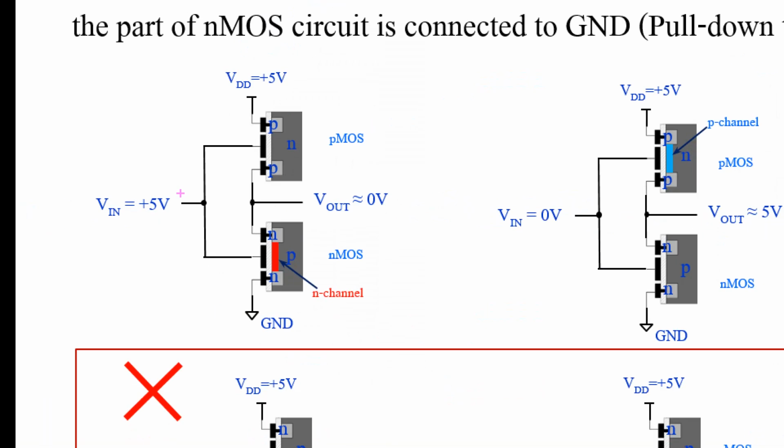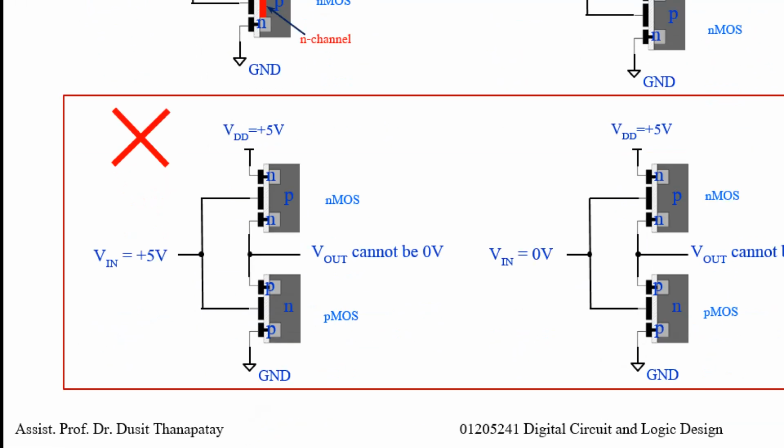But if you switch, if you change between this and this, namely NMOS at the upper part of the circuit and PMOS connected to the lower part of the circuit, now if I apply 5 volt, what happened?